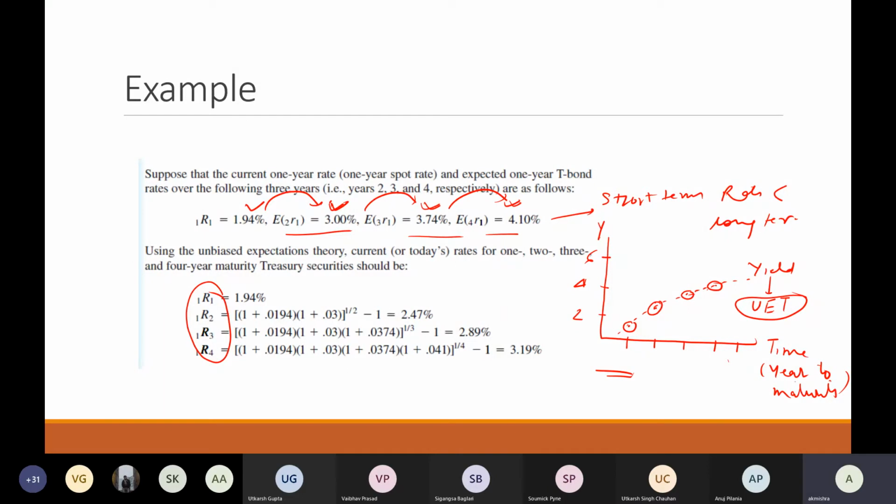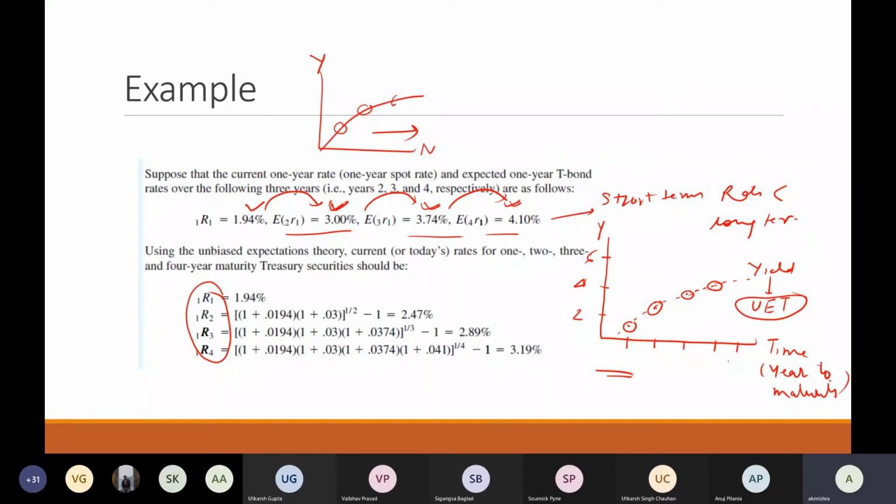Is it fine, or are you able to understand this concept? So you can think about this upward sloping yield curve, and you try to frame your yield in these increasing years with the unbiased expectation theory.